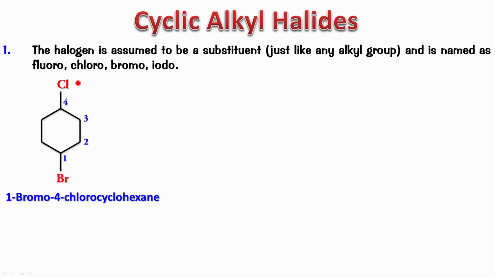Let's try one more now, this time with the double bond. Try it, pause the video, number it, name it, check the answer. Now, as you know, in the case of a cycloalkene, the numbering is done in such a way where one of the double bond carbons is given 1. The priority is the double bond and not the substituent.